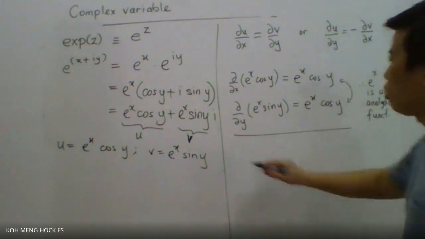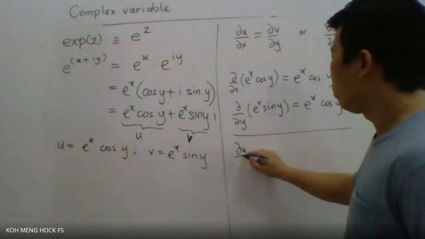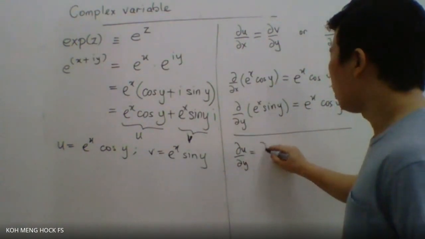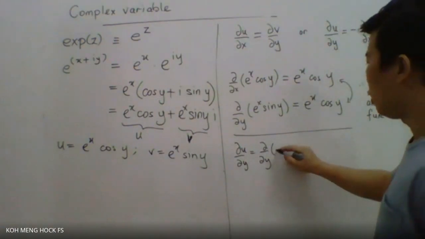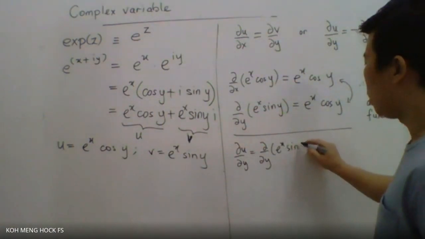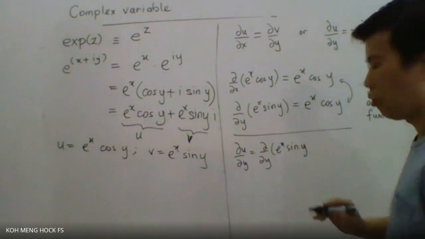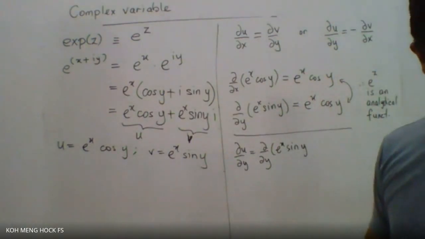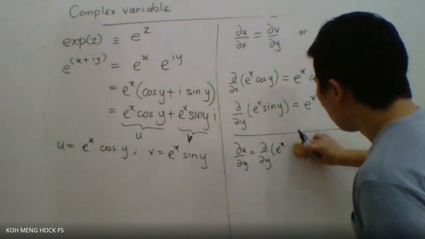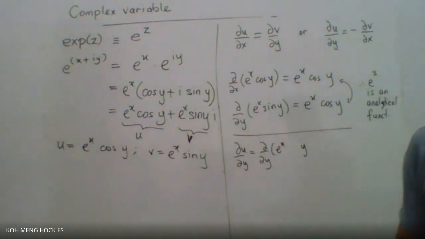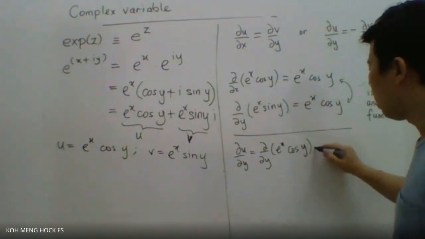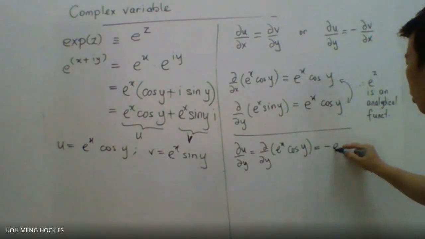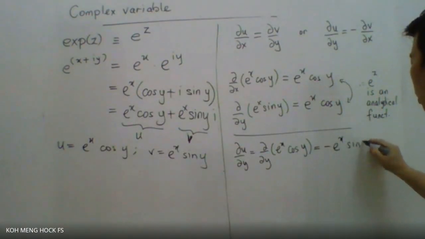So let's take du/dy. u is e^x cos y, so du/dy is going to be negative e^x sin y.